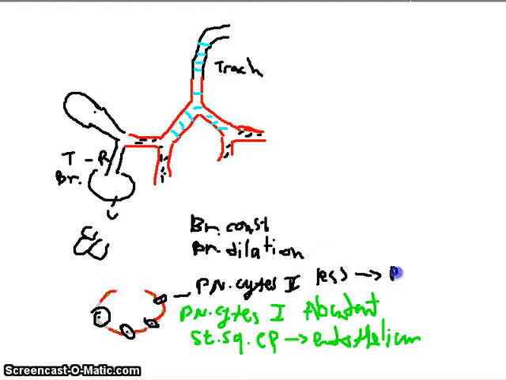These produce a substance known as the surfactant. This substance, the surfactant, is important because it prevents the collapse of the alveoli. Well, how come? Why would they collapse? Well, basically you've got surface tension.